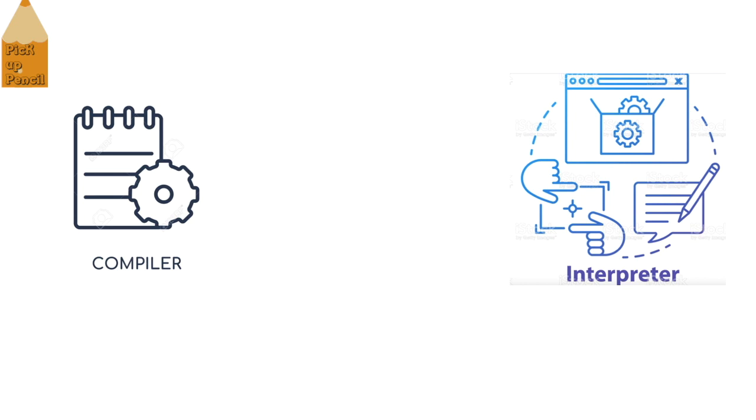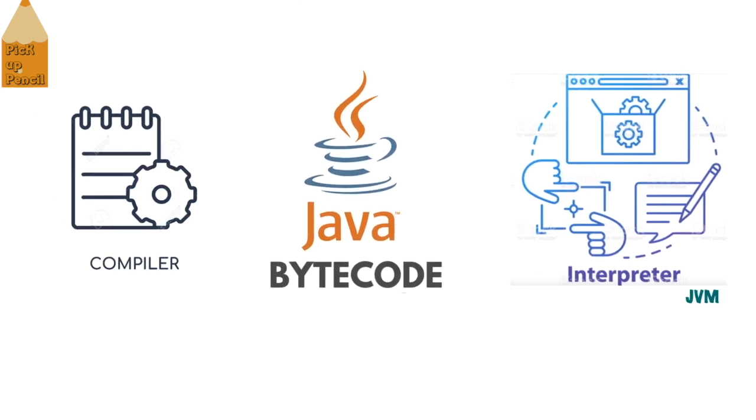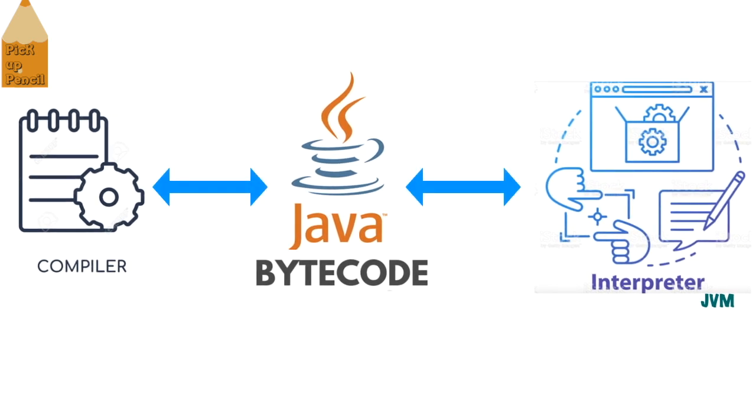This interpreter is also called JVM or Java Virtual Machine. So in short, bytecode is the common piece between the compiler, which creates it, and the interpreter or JVM, which actually runs it.